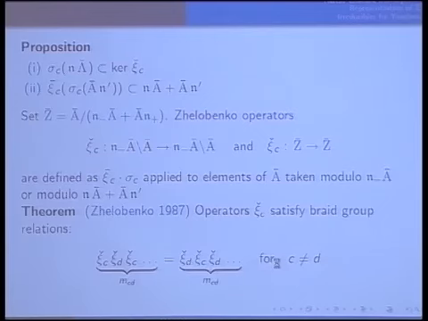Now the basic theorem of Zolobenko, which is usually known as the Zolobenko co-cycle statement, can be stated as the following: that these operators satisfy braid group relations, which is related to the group of the algebra which we start from.